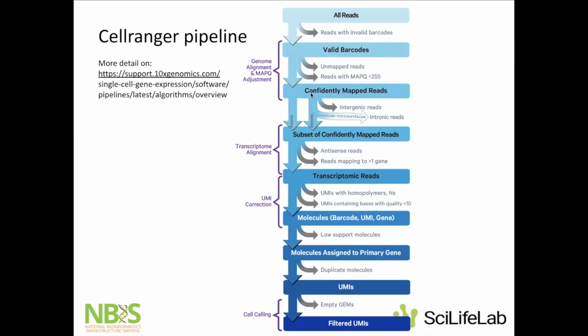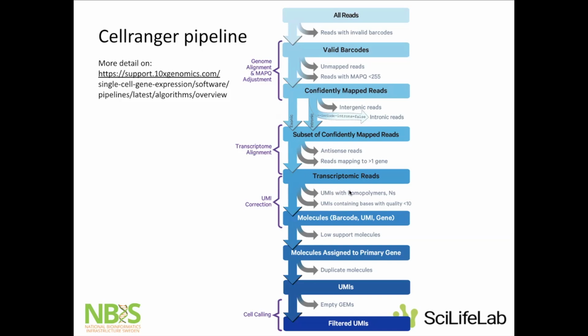Then we look at exonic and intronic proportions. You can choose in the pipeline to only look at exonic or to include the intronic as well. With the later versions of the pipeline, it's default to include intronic reads, so it's good to be aware of that. Intergenic reads are thrown out. Then antisense reads or reads mapping to more than one gene are discarded.